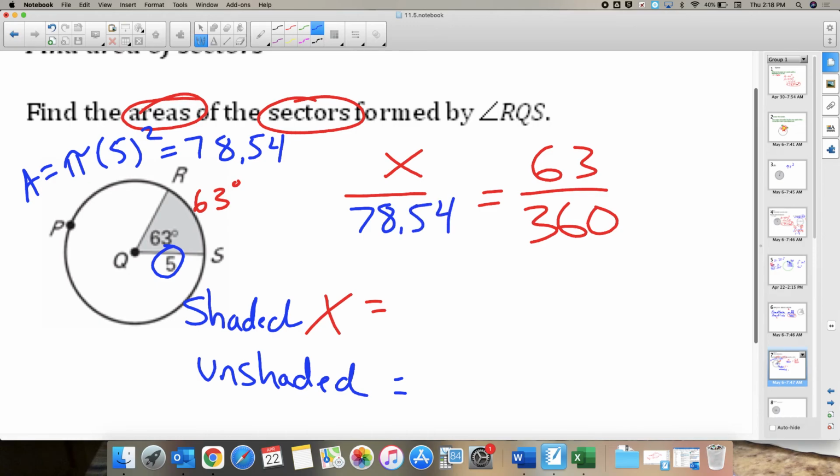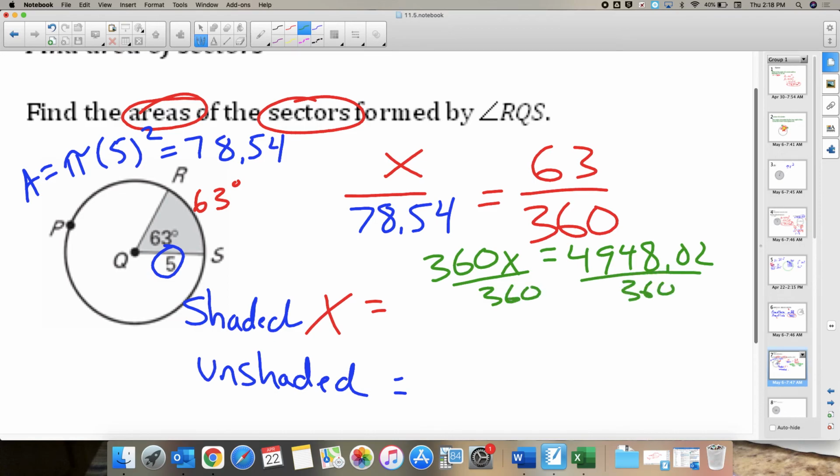So there's our equation to cross multiply. 360 times x is 360x. 78.54 times 63 is 4,948.02. Now we'll divide both sides by 360. And that tells me that x equals 13.74.